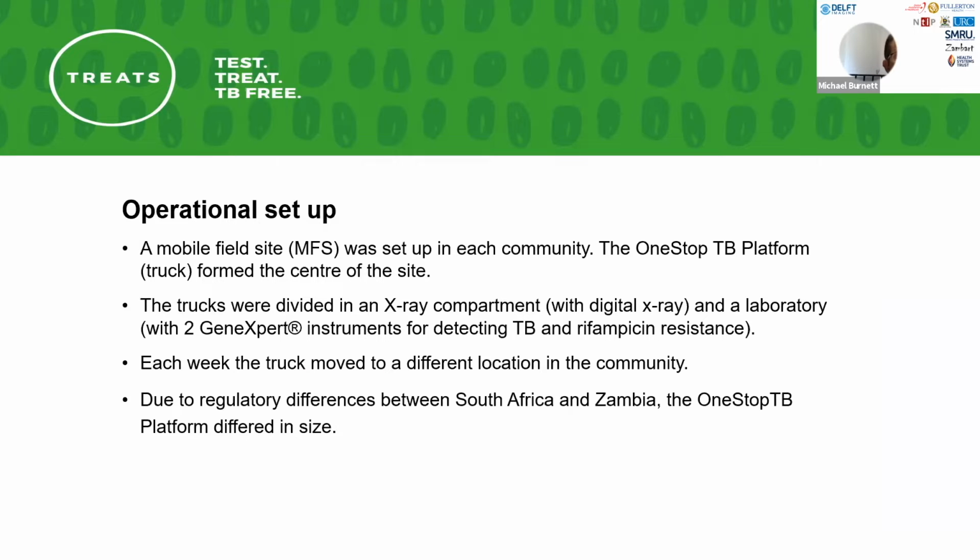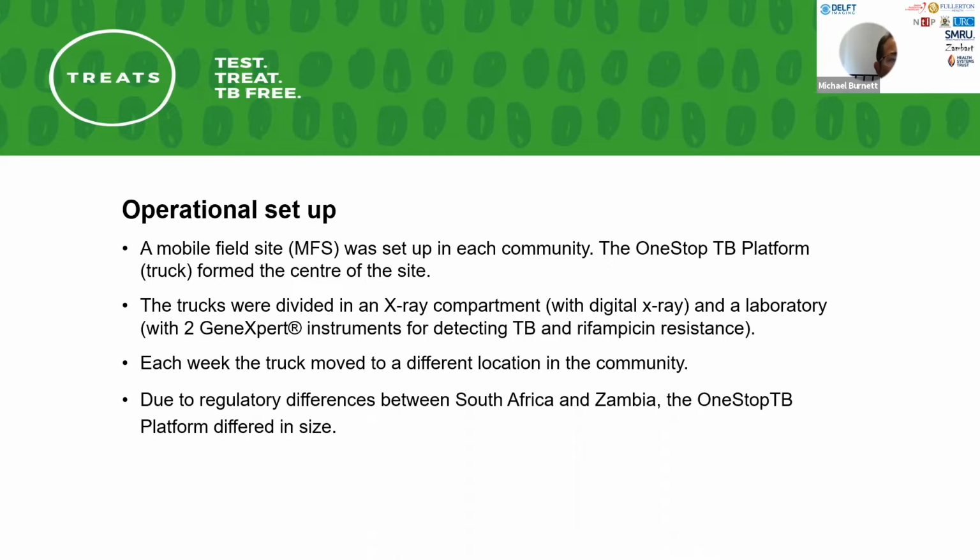So in terms of the operational setup, we had a mobile field site, which was set up in each community. And the OneStopTB platform truck formed the basis or the center of each site. The trucks are divided into two sections.